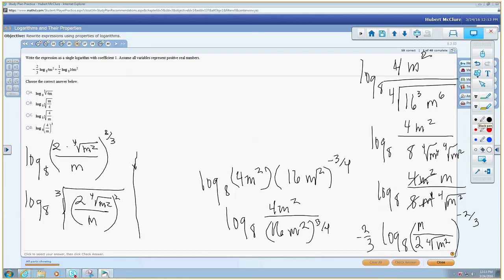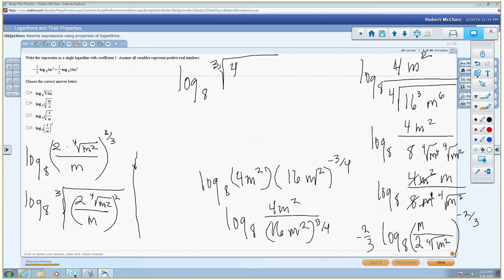And just do the math. So 2, that'll be 2. I'm going to distribute this 2 using the power rule of exponents. Log base 8 of the cube root. What's 2 to the second power? 4. What is the fourth root of m squared raised to the second power?